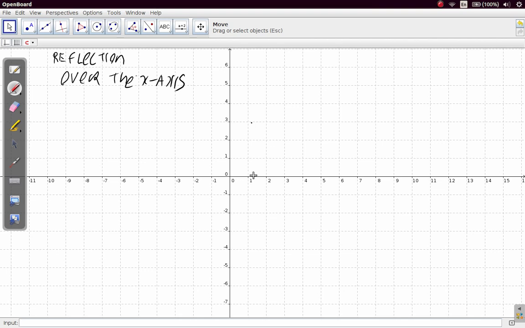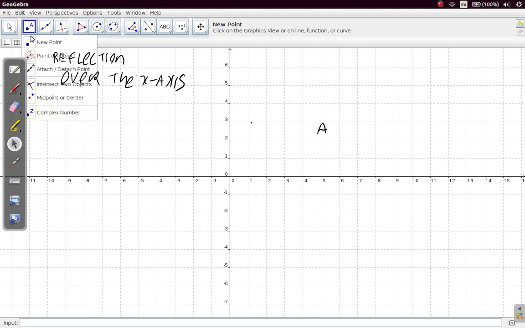Suppose you have a point located at 5, 2. It's right here. So the point A must be reflected. Let's make that point. Yes, it's right there. So we want a point right there. This is a point.